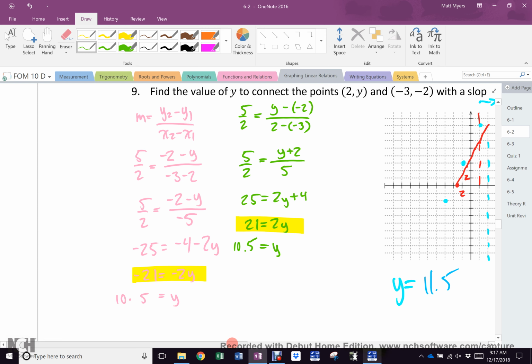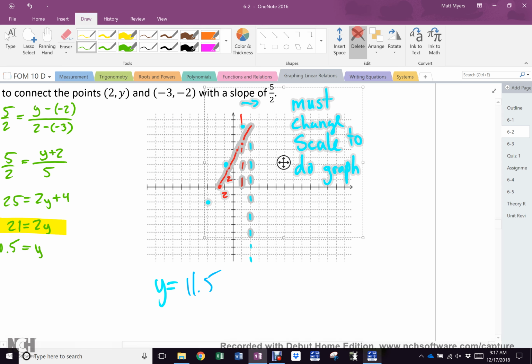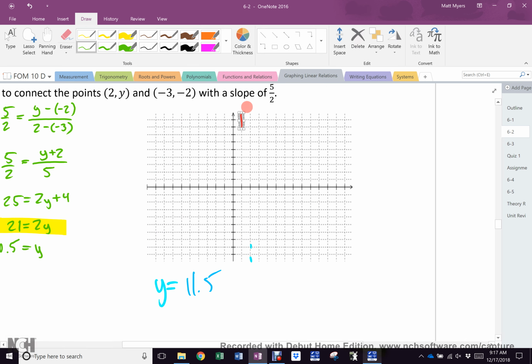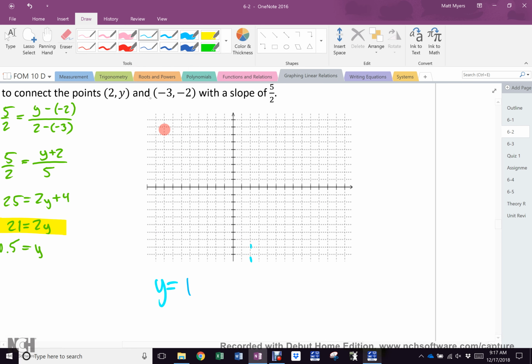Now, what happened over here if I try to graph it? It didn't work. Why? So I knew it was going to be at negative 1, 2, 3 and down 1, 2, right? And I knew I had to get to here on the x scale, yeah?